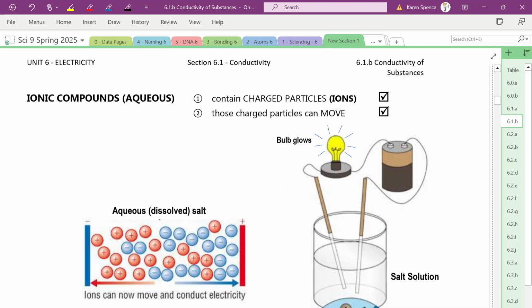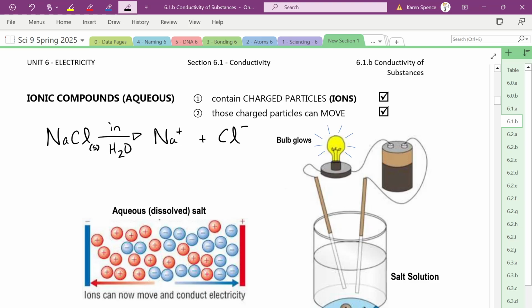What happens to ionic compounds when you dissolve them in water? Do you guys know? When we take NaCl and we dissolve it in water, it actually splits up into Na plus ions and Cl minus ions.